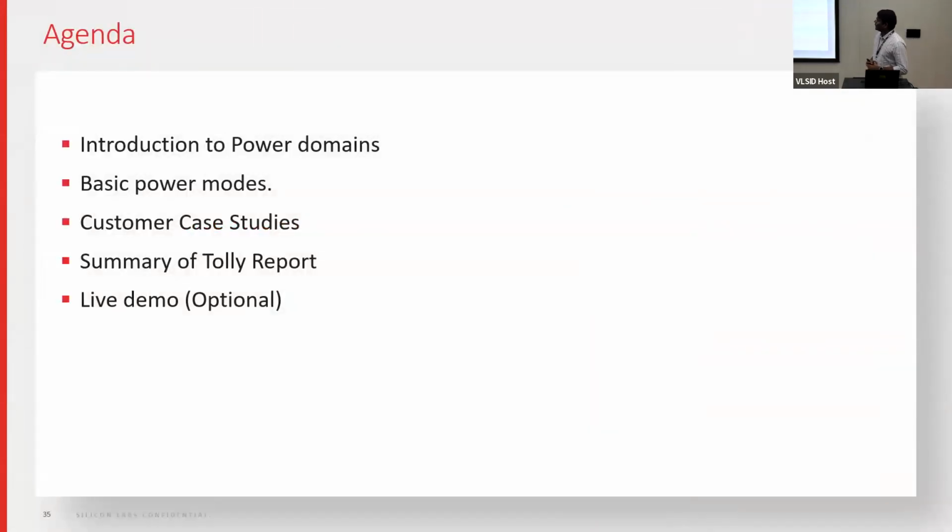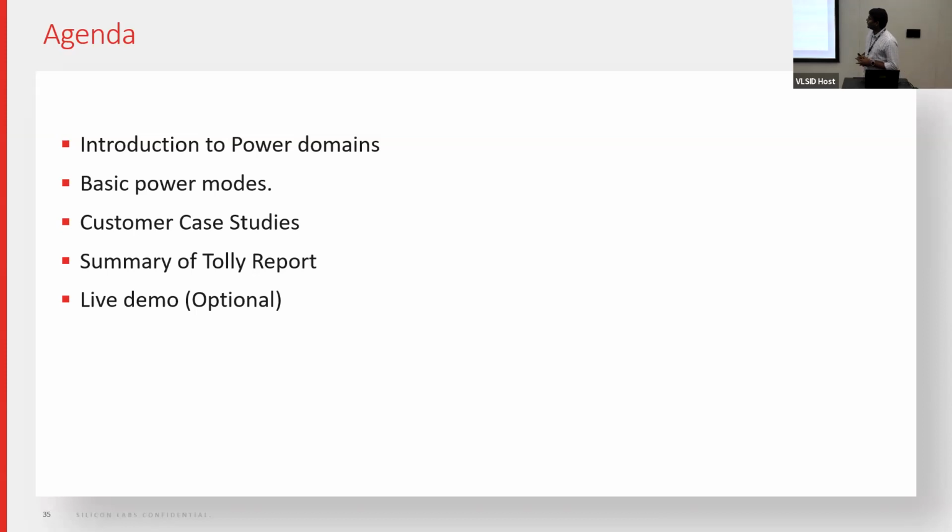I'll be talking about an introduction to the power modes, the domains that we have, and basic power modes like low power and ultra low power modes. We'll go through some customer case studies, showing how they implemented power save mechanisms in their applications to make their IoT product better, with better battery life.